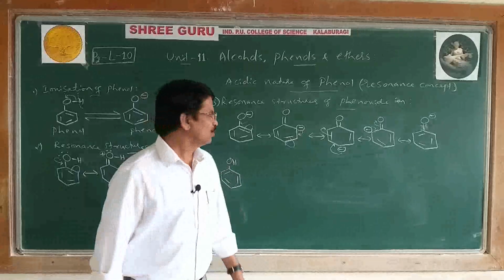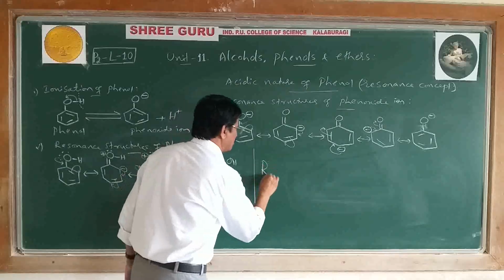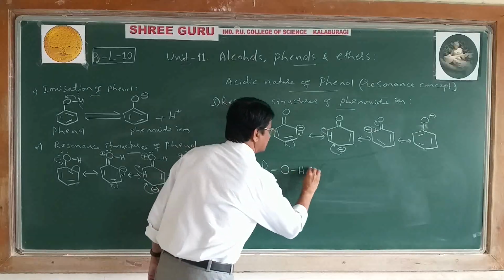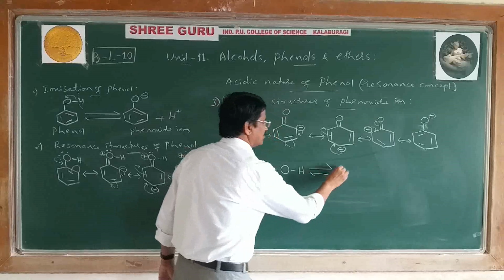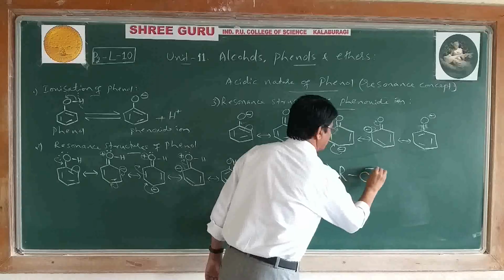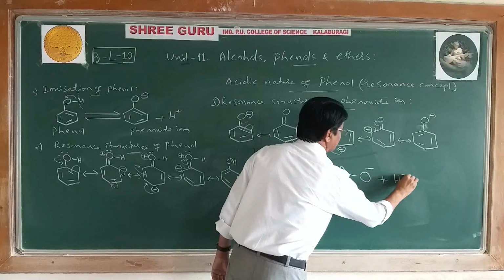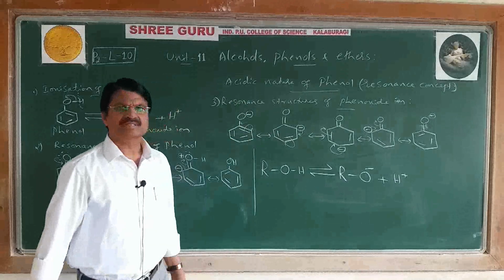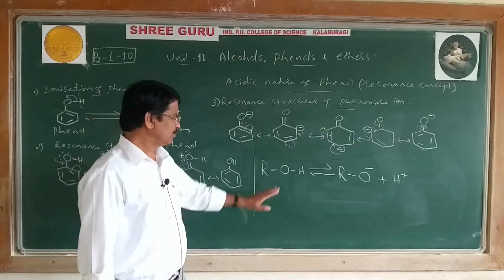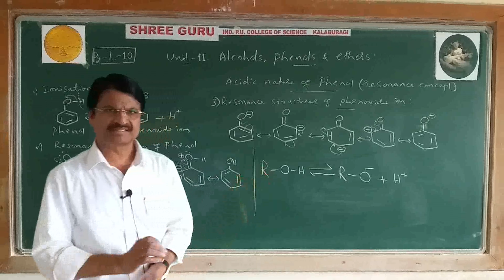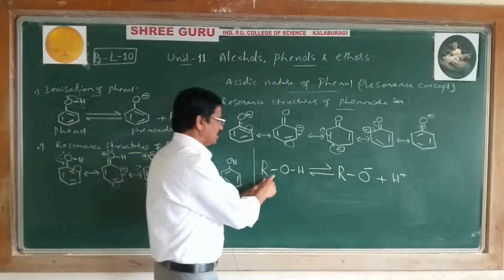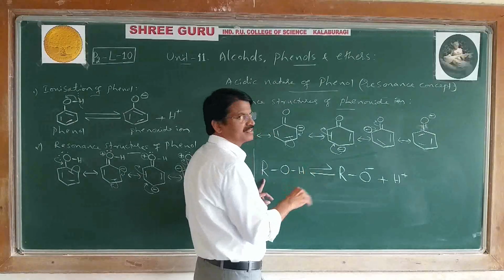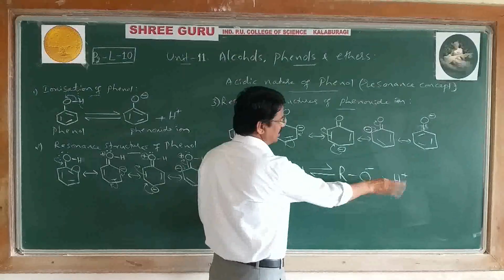Then in case of alcohol, this is very important. See what happened in alcohol. Why are alcohols not said to be acidic? Because when alcohol ionizes, consider it is ionizing to form alkoxide ion and H+ ion.